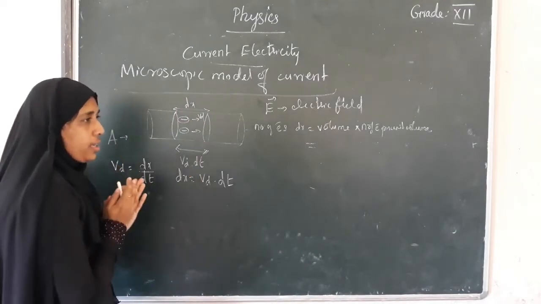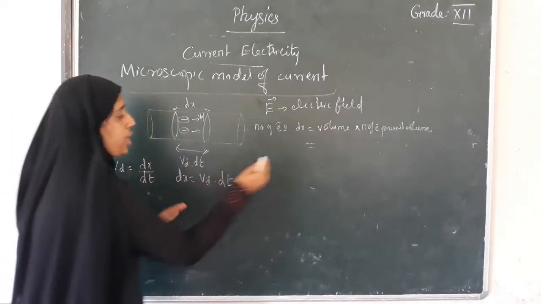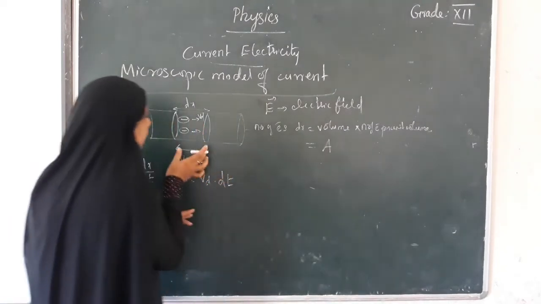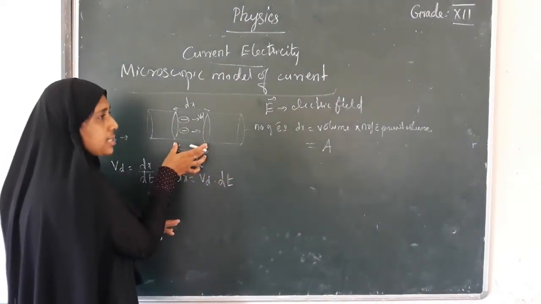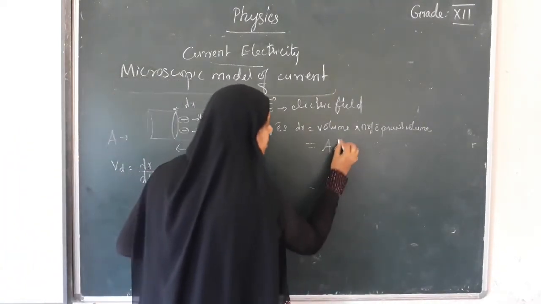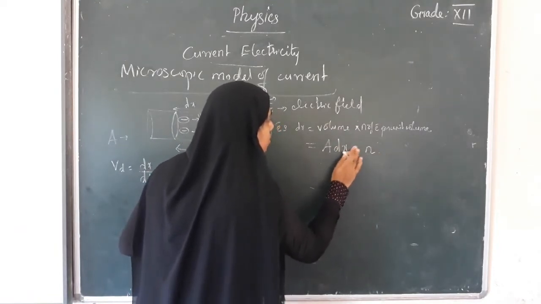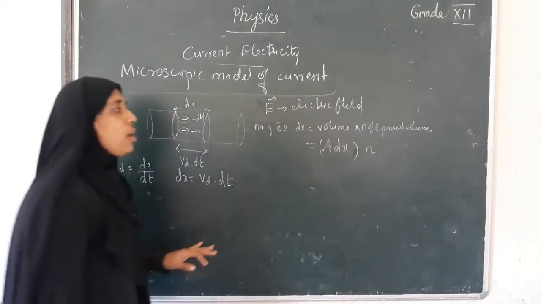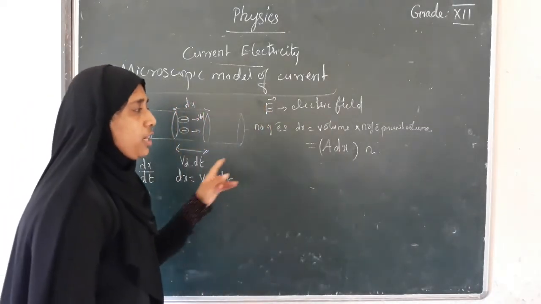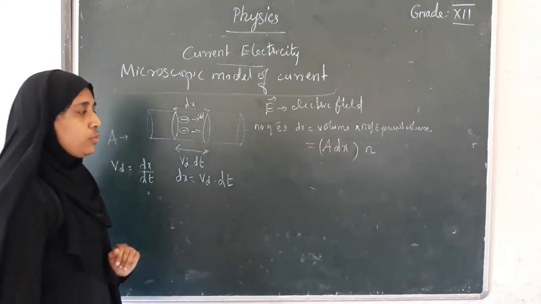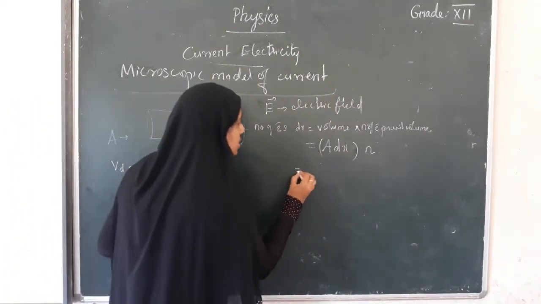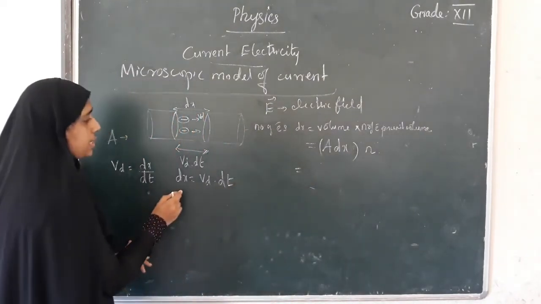Volume is area into height. A is the area of cross section, and the height is the distance dx. So we can write A into dx into small n, where small n is the number of free electrons per unit volume. Now substitute the value of dx from this relation.